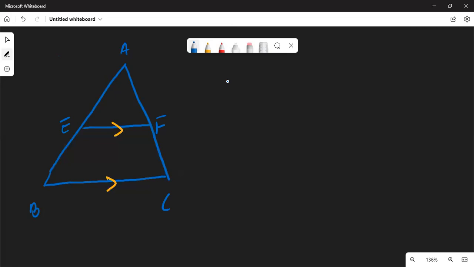Because if you cross-check on this particular section, parallel lines, these two parallel lines have a role that they are going to play. The whole of this triangle and the smaller triangle are sharing the same angle, which is A, because we've got two triangles here.